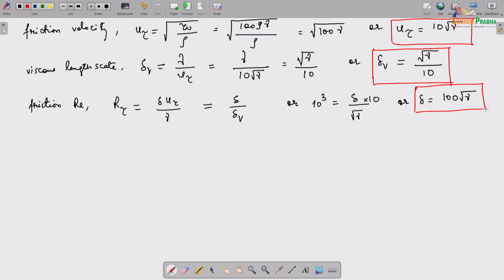We can obviously put in a number for nu. This is air, so we can figure out what specific value for nu is, and then we can get specific values.